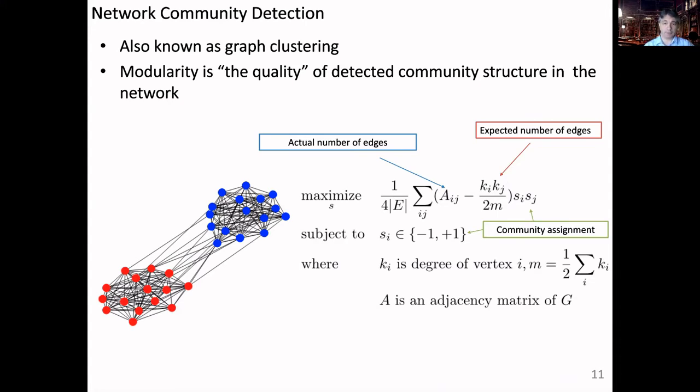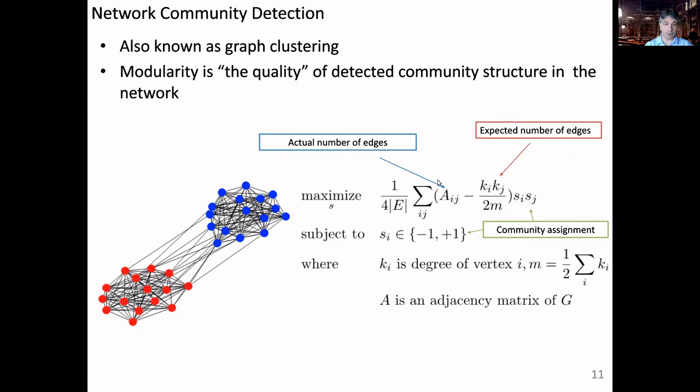It's not that difficult. So the goal here is to maximize this quantity, which is the difference between the actual number of edges in the community and the expected number of edges in the random model.